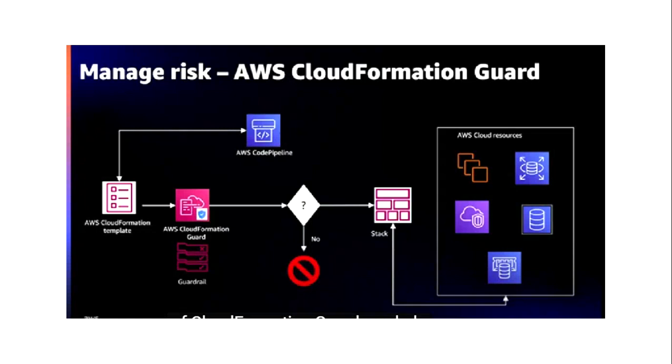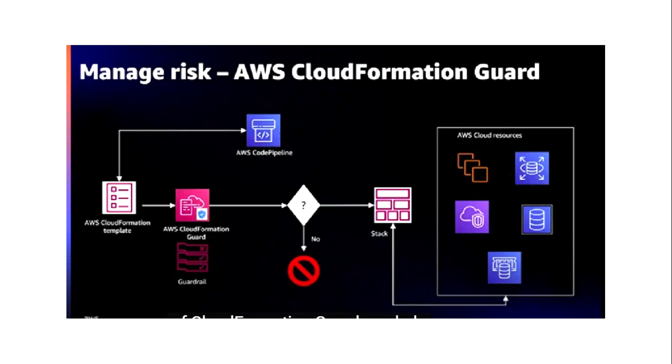So basically, the CloudFormation template is going to generate a config file for the resource, and we're going to push it towards AWS CodePipeline to prepare for the push. Then through the CloudFormation Guard and guardrail, we're going to inspect the code to see whether or not it's in line with the compliance.